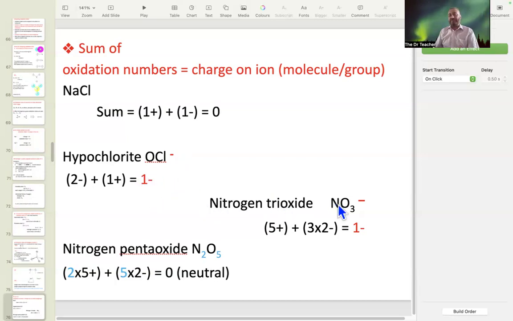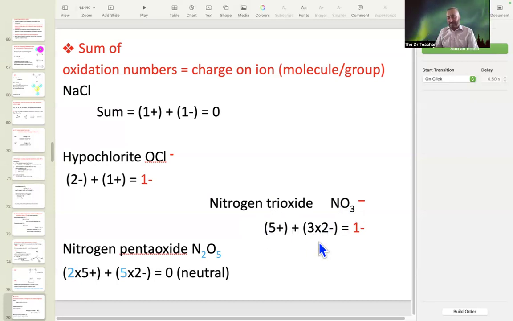Nitrate, NO3 minus. As a group, it has a minus charge. How? Let's count. Nitrogen's outer shell is 1s2, 2s2, 2p3, so it has 5 electrons in the outer shell. Plus 3 times -2 is -6.